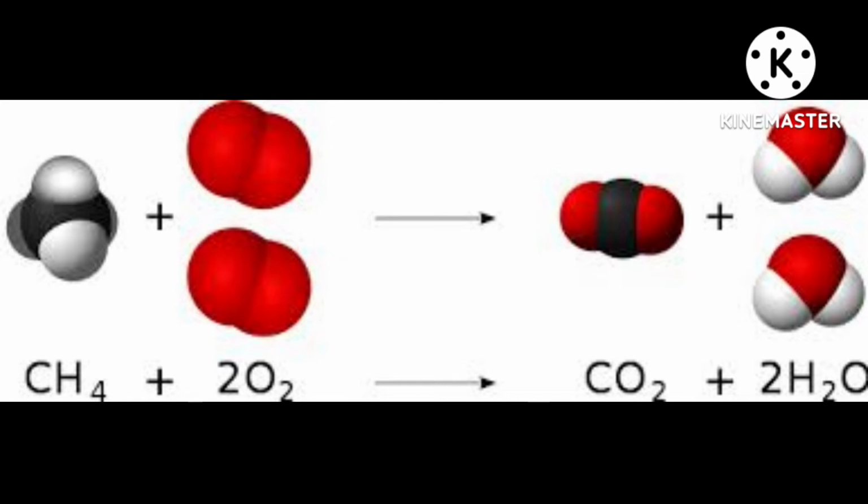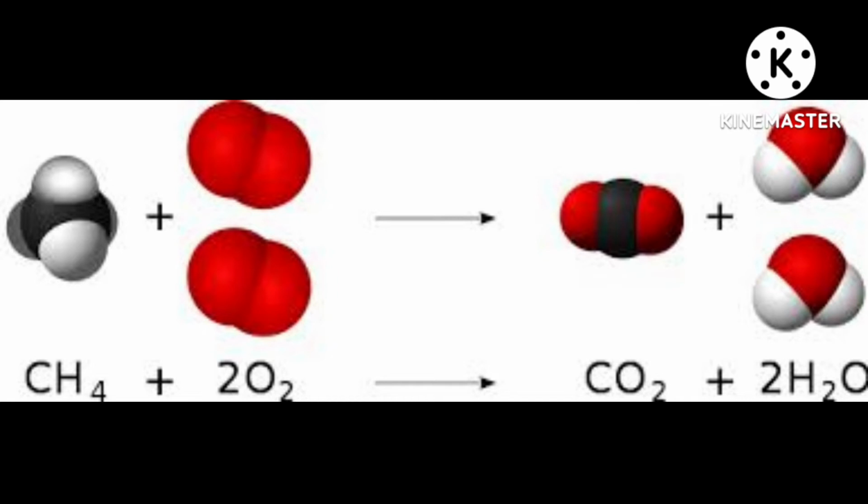The coefficient represents molecules, moles, or N, the Avogadro number. Three things. Now you know the details. Further, you can get four pieces of information from the balanced equation.